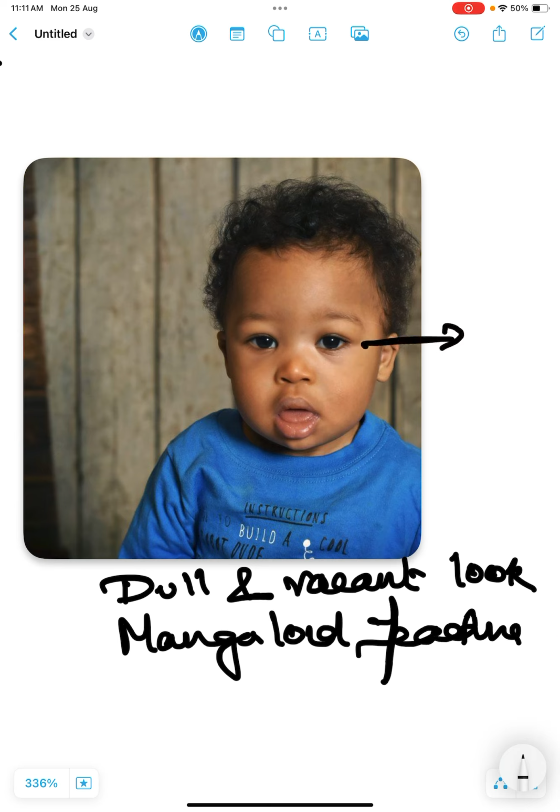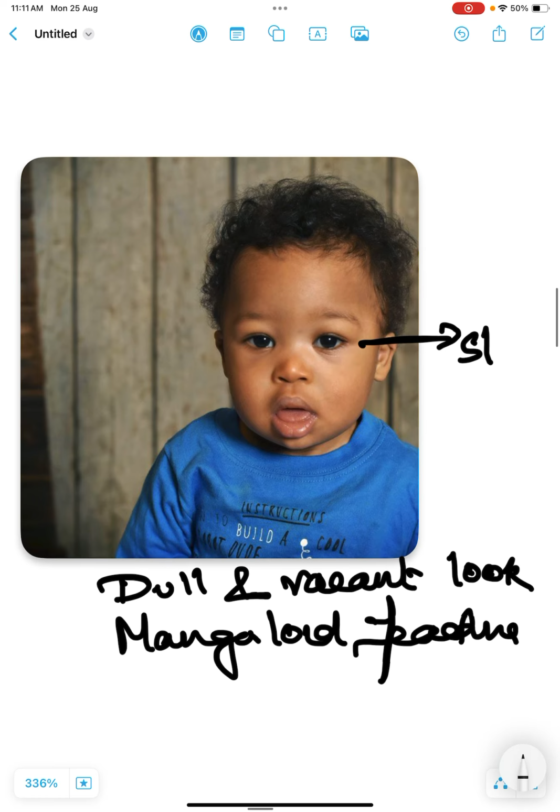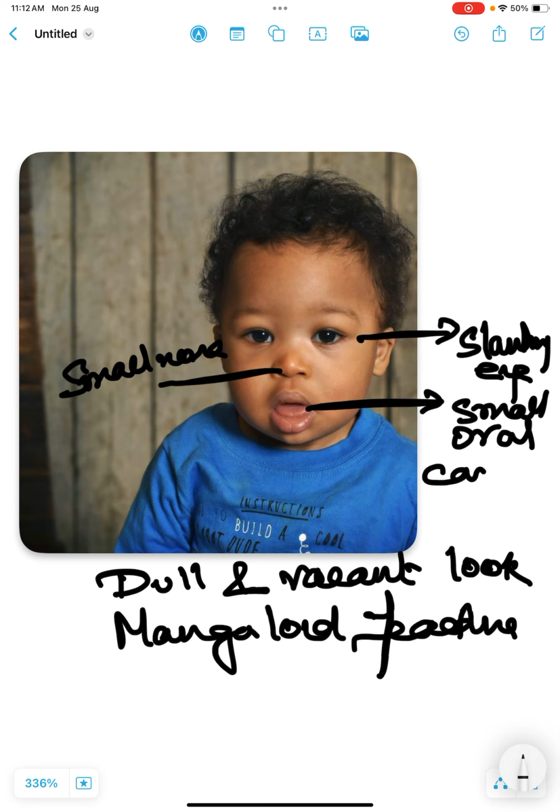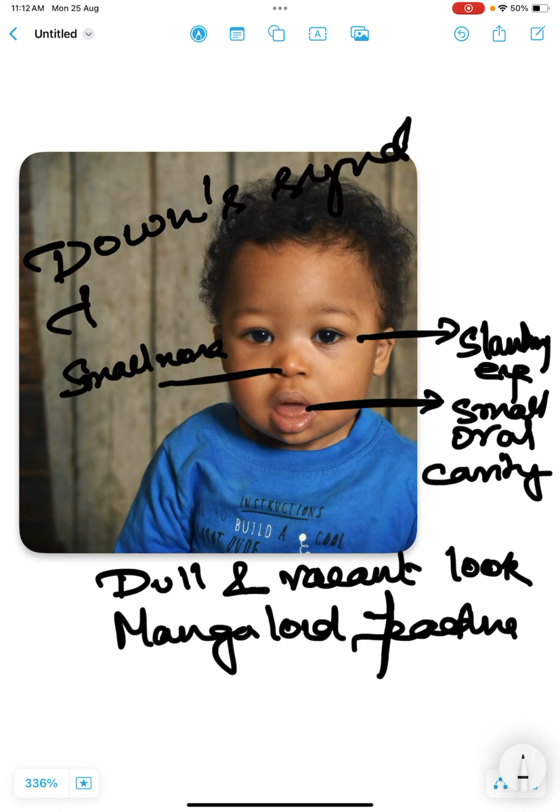There will be slanting eyes and epicanthic fold, small pinching nose, and small oral cavity. It is commonly seen in cases suffering from Down syndrome. Trisomy. What is the trisomy? Trisomy 21.